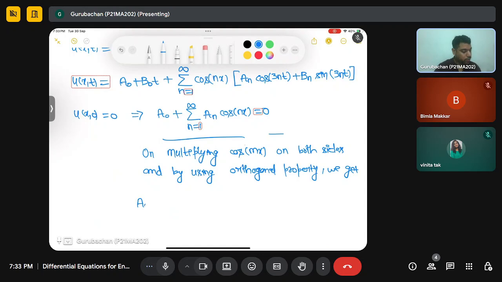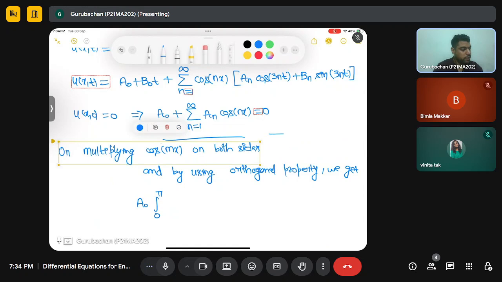a naught, integrating both sides from 0 to pi, cos nx.